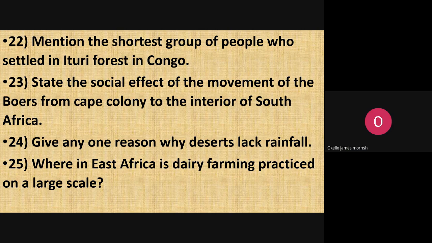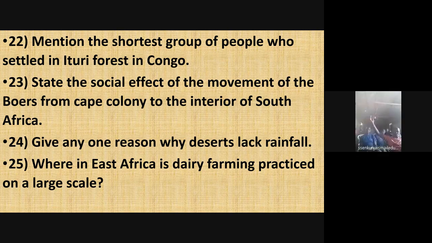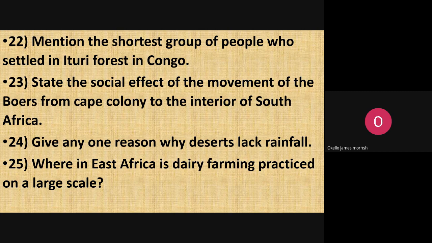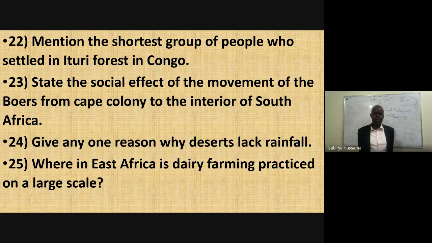Presence of pastures. Pasture is number one. Enough pasture. Availability of water. Yes, water is okay, I agree with you. Then there is also cool climate. Cool climate serves, and enough land. Enough land was also a point.